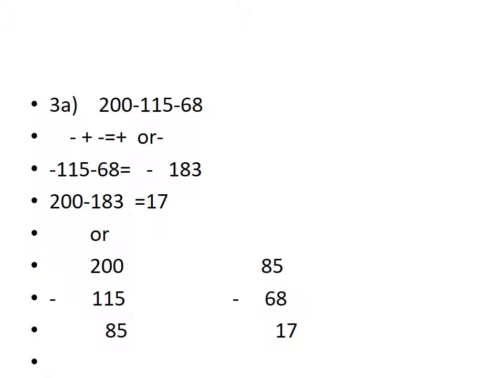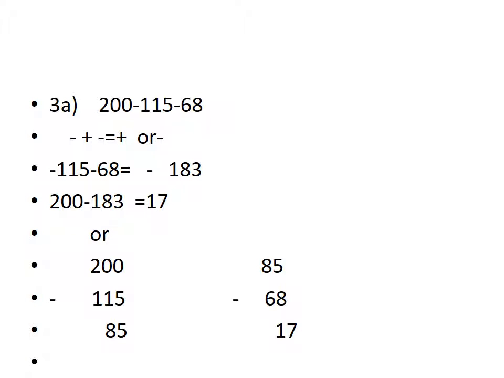Minus plus minus is equal to minus. So the sign will come minus, right? Then add 115 and 68. Answer is minus 183. And subtract 183 from 200. Answer is 70.